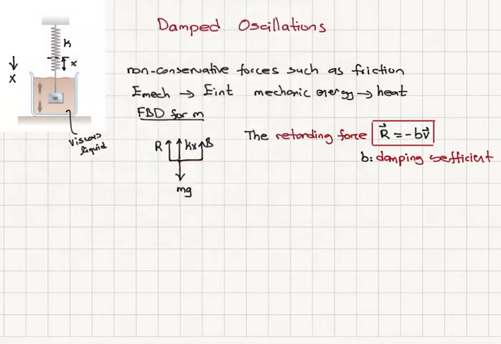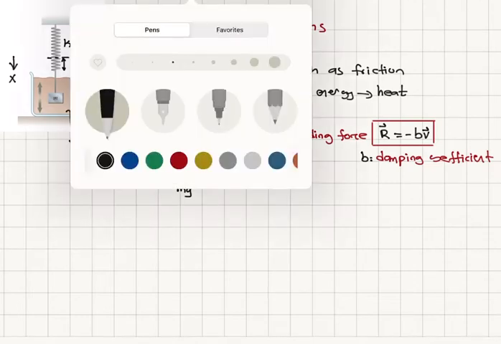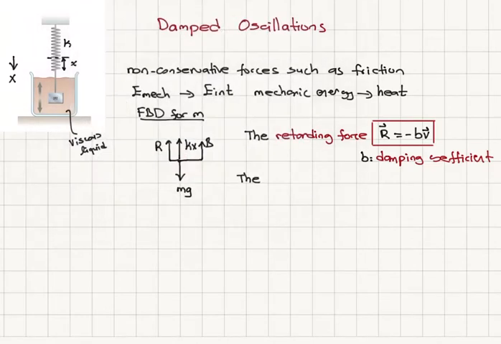And I also have this buoyant force. The buoyant force B for an object that has been fully immersed into a liquid is the density of the liquid, the volume of the object times the gravitational acceleration.